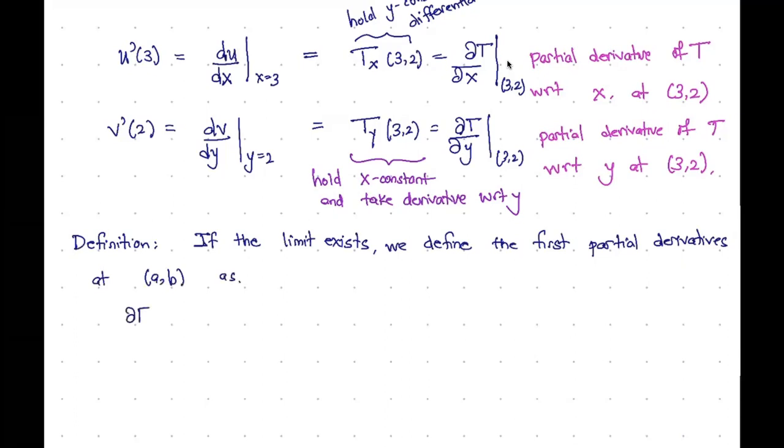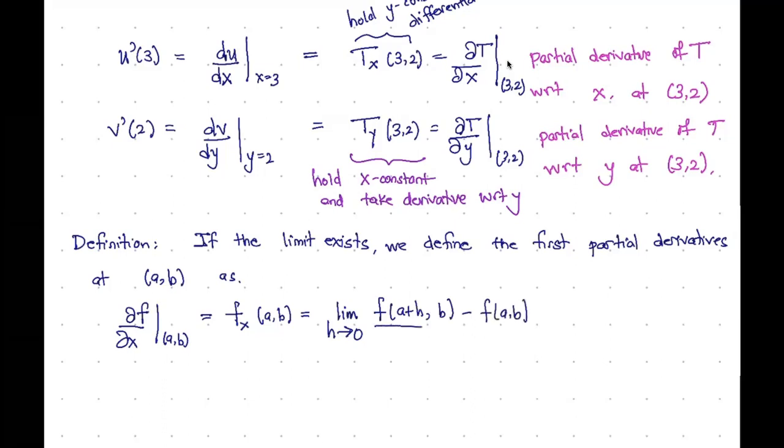We use this curly d of f with respect to x at the point (a, b), which we can also denote with the subscript x of (a, b), and that is equal to the limit as h approaches 0 of f(a + h, b) minus f(a, b) all over h.